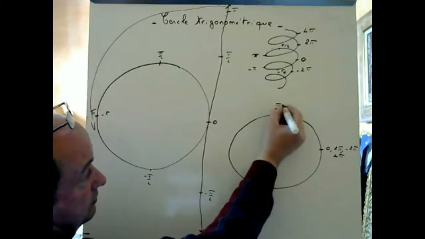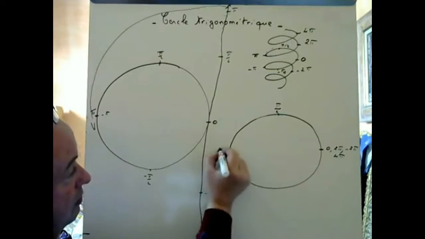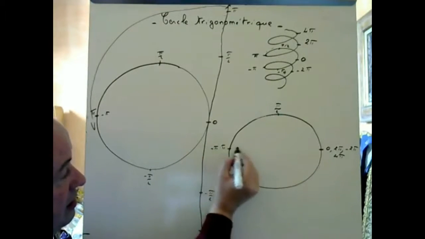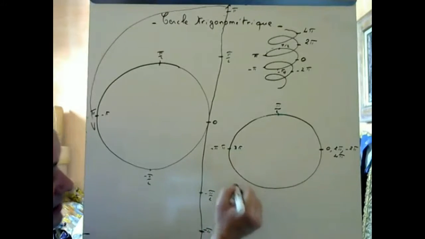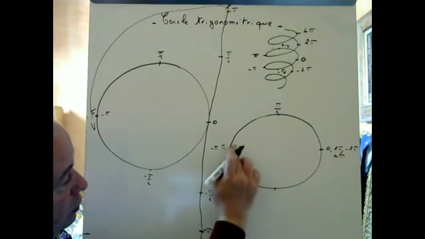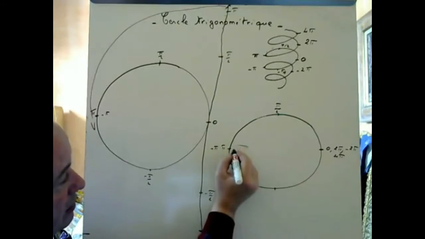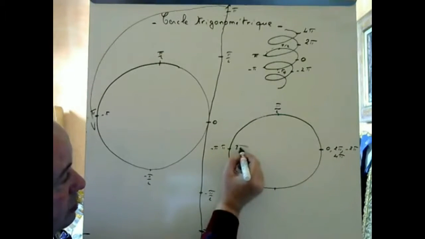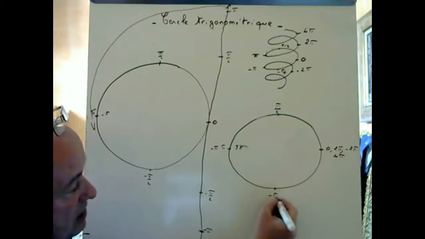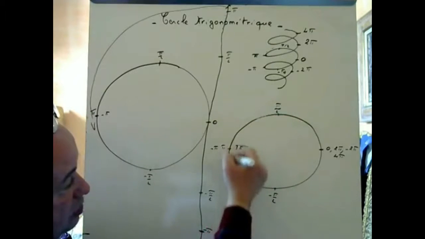Here I have pi over 2. Here I have pi, minus pi, 3 pi, etc. Here, is it 3 pi? Yes, it's 3 pi. Here I have minus pi over 2.